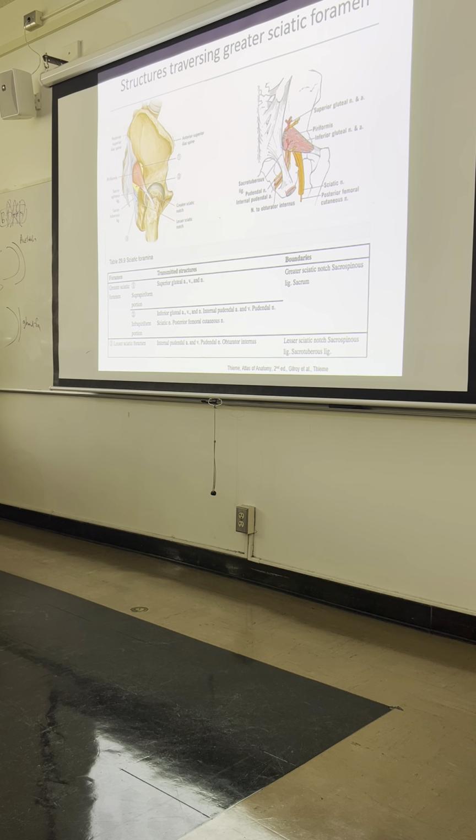So, pudendal nerve pops out of the greater sciatic foramen, goes under the sacrotuberous ligament, enters the ischioanal fossa. And what is it going to do? It's going to do three things. It's going to go to the skin of the penis and clitoris for sensation, hence the name, pudendal nerve, the shameful nerve.